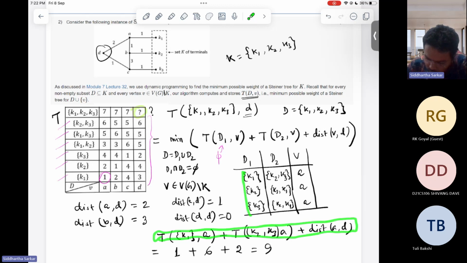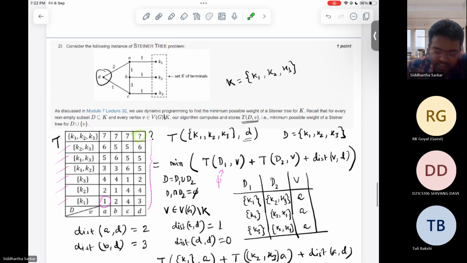Similarly there are 3 into 4, 12 candidates. Each of these 12 candidates will get a value and we'll take the minimum out of these. It turns out, and I will leave it to you to verify, that there is actually a Steiner tree of weight 7. Let me mark it.